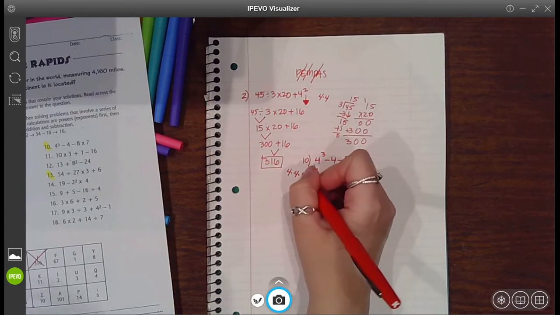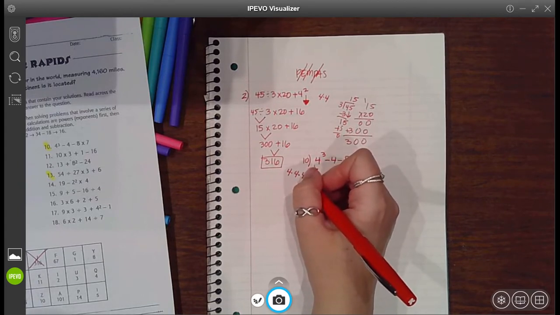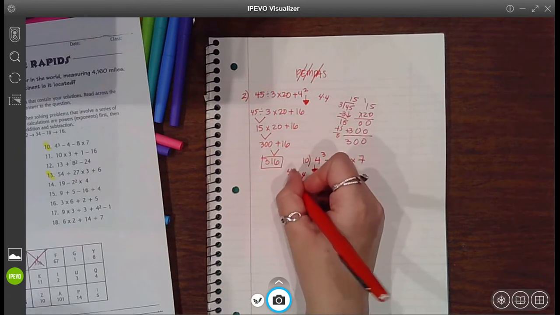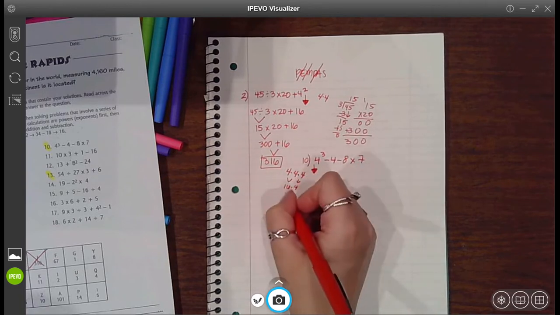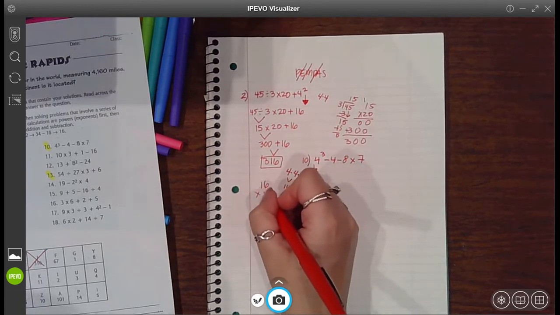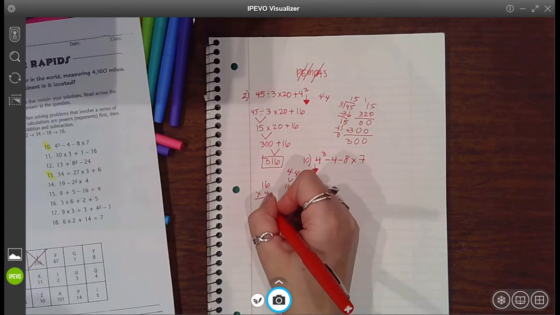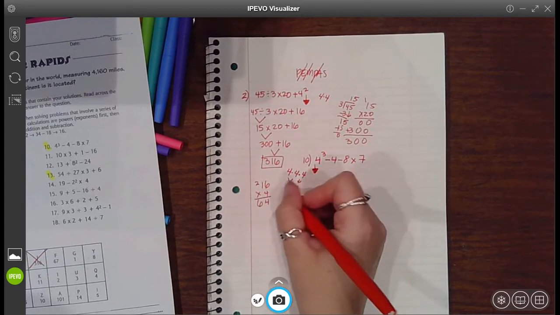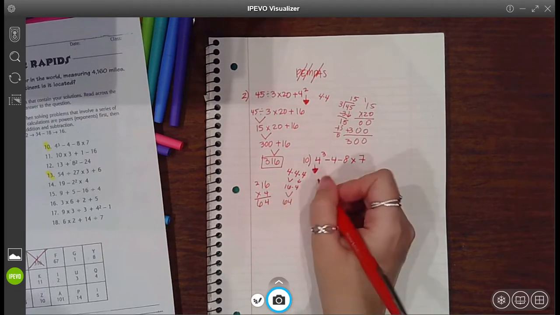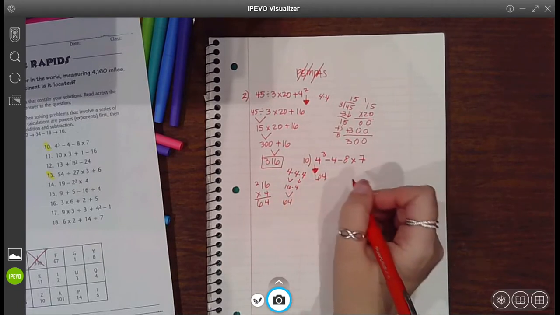So 4 times 4 times 4. Well, 4 times 4 is 16, and 16 times 4, I'm going to go ahead and work that out, right? 4 times 6 is 24. 4 times 1 is 4, plus 2 is 6. So 16 times 4 is 64. So that's what 4 cubed is.